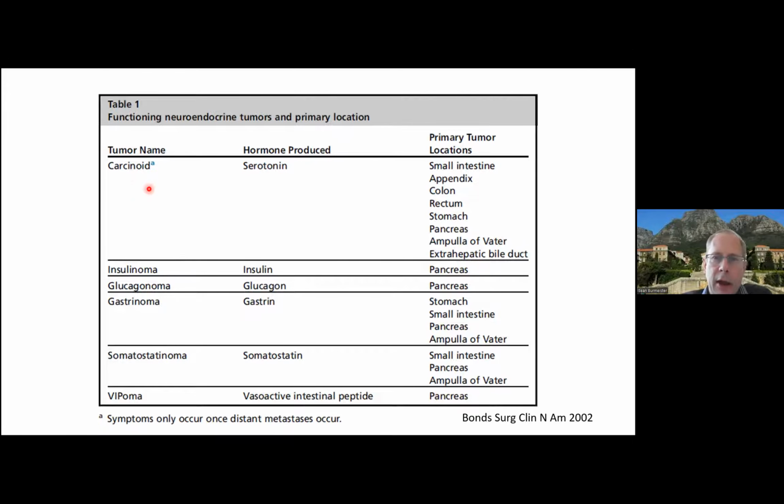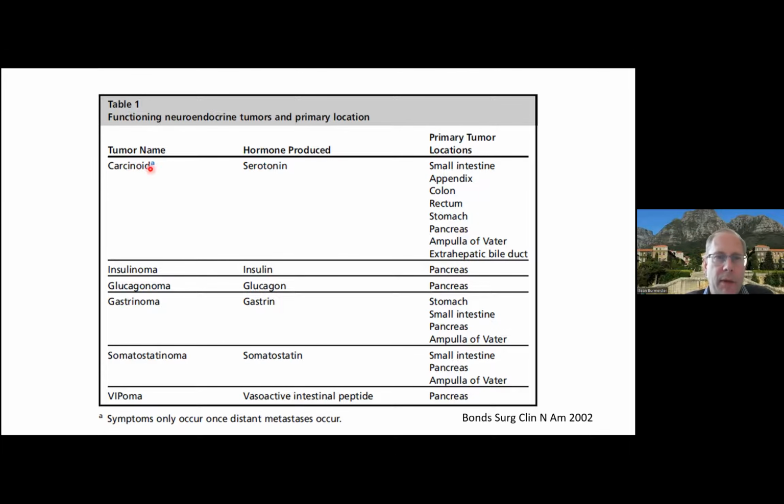Okay, so you need to start off with a very careful clinical assessment when you're faced with a pancreatic neuroendocrine neoplasm. And you need to consider all of these syndromes, from serotonin secreting tumors, or what used to be carcinoid tumors. Remember that the term carcinoid these days really refers only to small intestinal serotonin secreting tumors that have liver metastases and the syndrome.